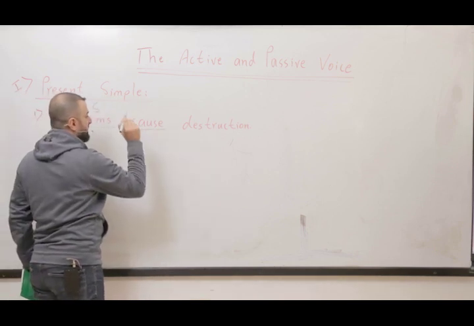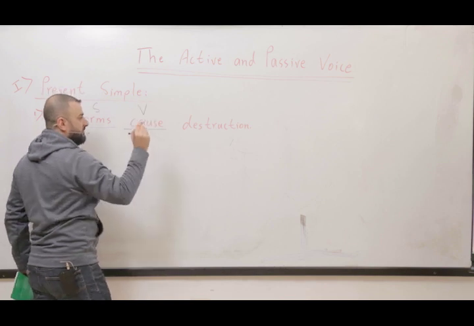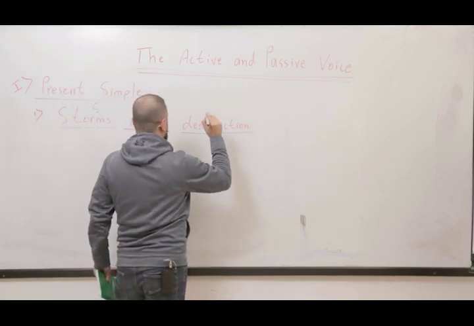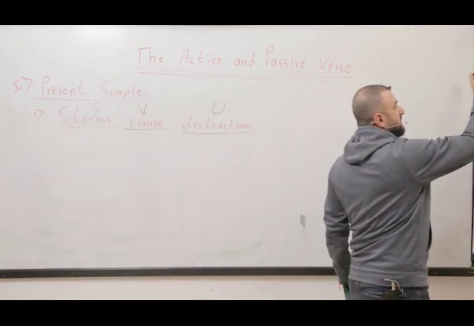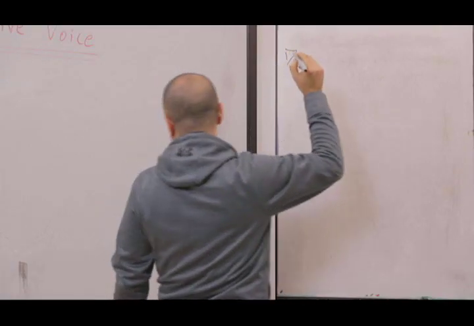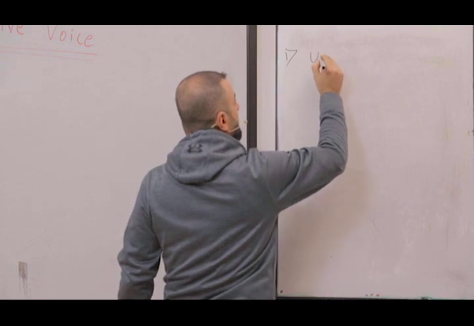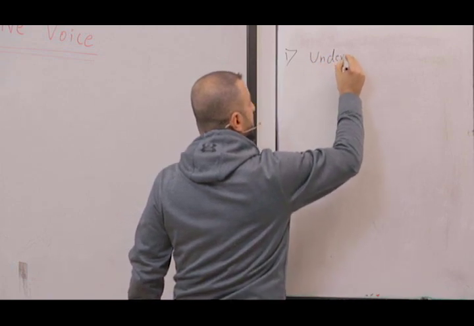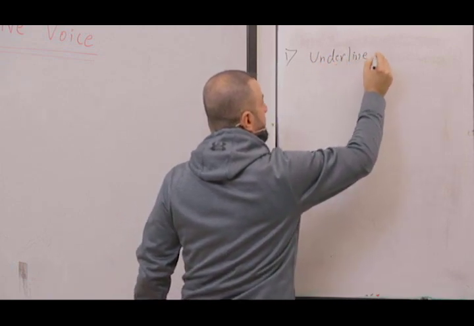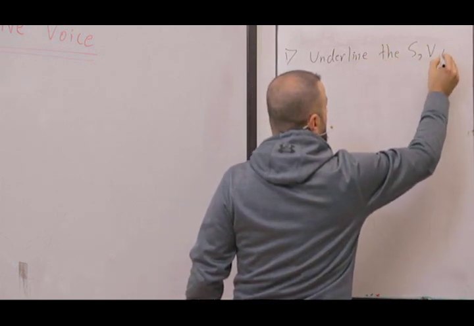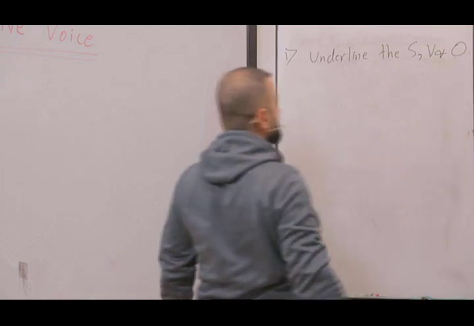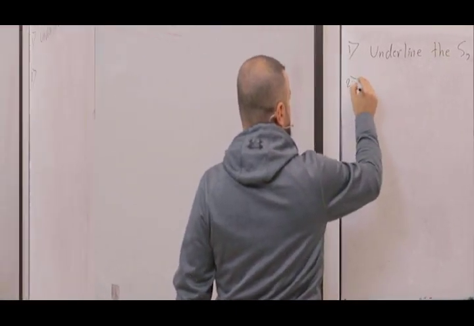The second step is to underline the verb and then underline the object of the sentence. So the first step in solving such a problem is to underline the subject, verb, and object in this sentence.